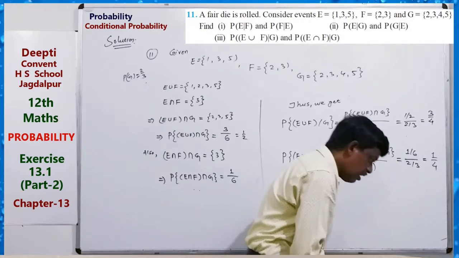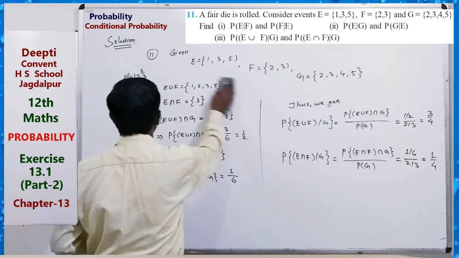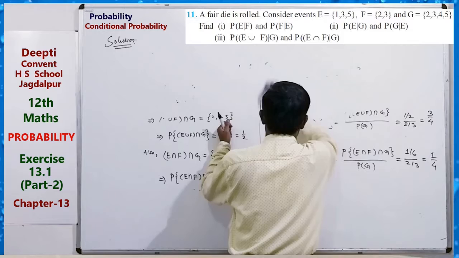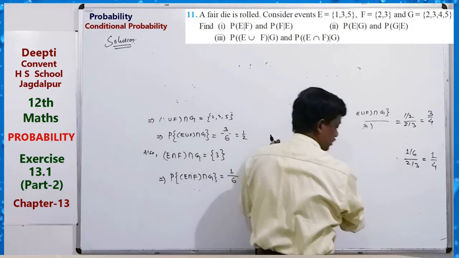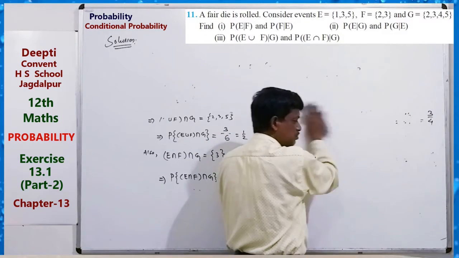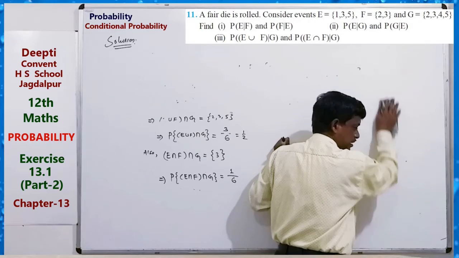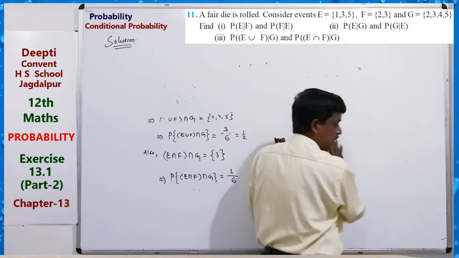Now question 12. Take question 12. Assume that each born child is equally likely to be a boy or a girl.